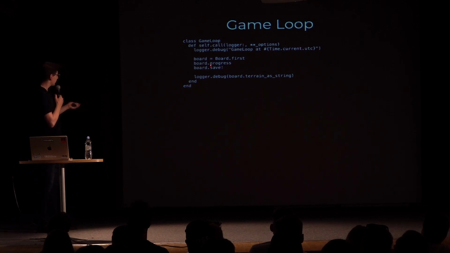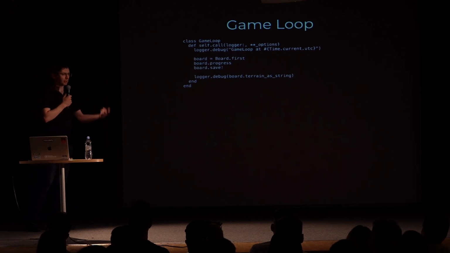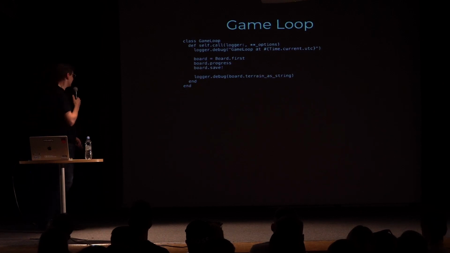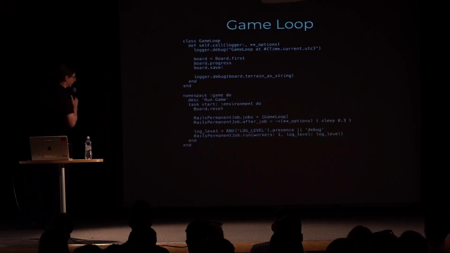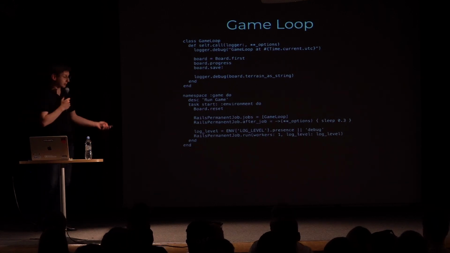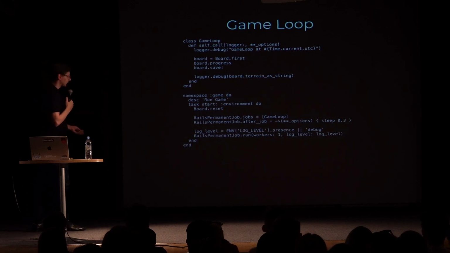In the game loop, we have loading the board. It's a simple application. It has only one board. Then we progress it. So in board.progress, it calculates what the next stage should be, like where are the dragons, where are the players, how many points they have, and so on. And we save the board. And that's it. It's a game loop. Well, probably not the correct name, because it just progresses the game by one frame, but nevertheless.